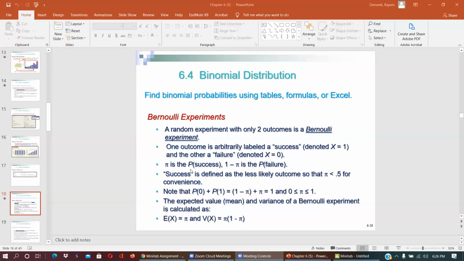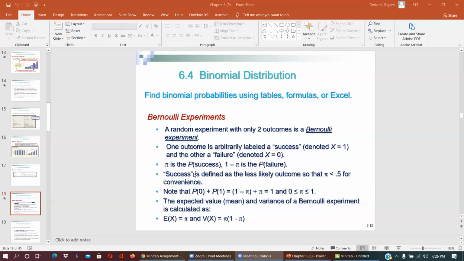So basically, pi is, always remember, binomial distribution has two outcomes. Success is defined as the less likely outcome, so that pi is less than 0.5 for convenience.